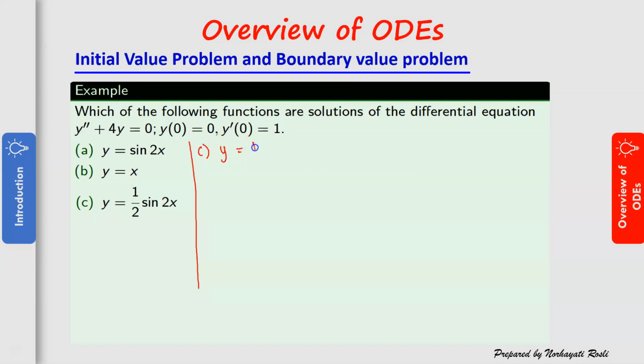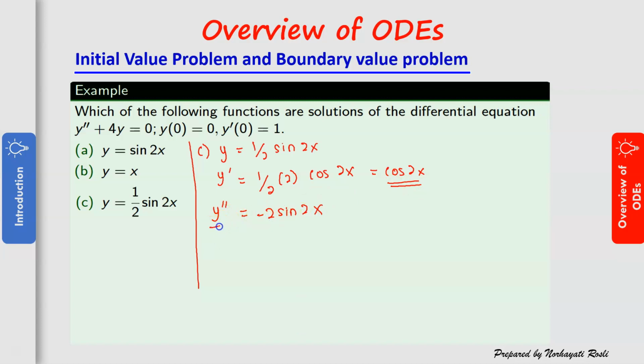In C, we have y equal to 1 over 2 sine 2x. In this case, when I differentiate this one, I will get 1 over 2 times 2 cos 2x, so equal to cos 2x. And then I differentiate it twice. We need to differentiate this cos 2x, so I will have negative 2 sine 2x.